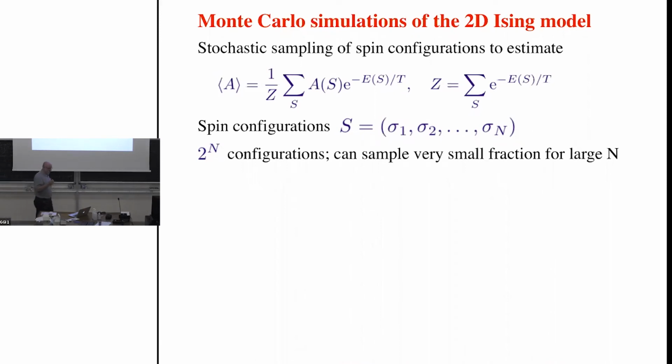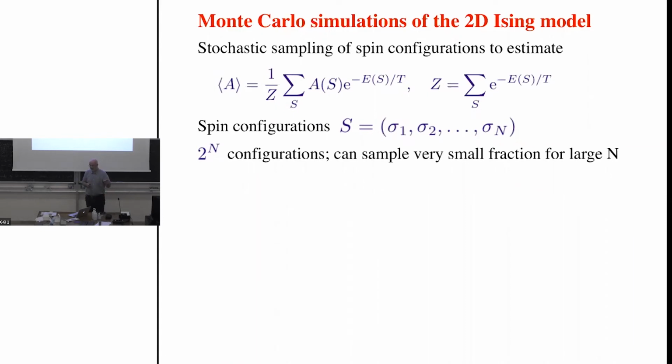So we can never sum this up exactly, of course, if n is large. So then you could say, okay, let's do sampling. The easiest way to do sampling is just to generate these spins completely at random. You just generate configurations, and instead of summing over everything, you just sum over, let's say, 1 million of them. So that should be some estimate, right? If you just sample the population of spin states.